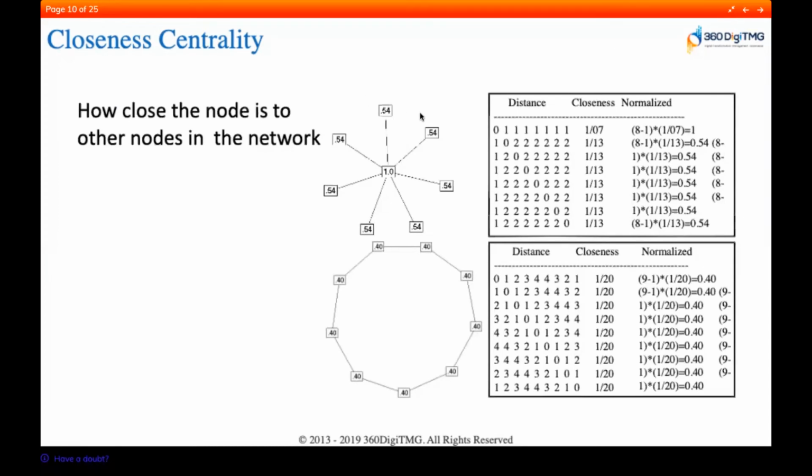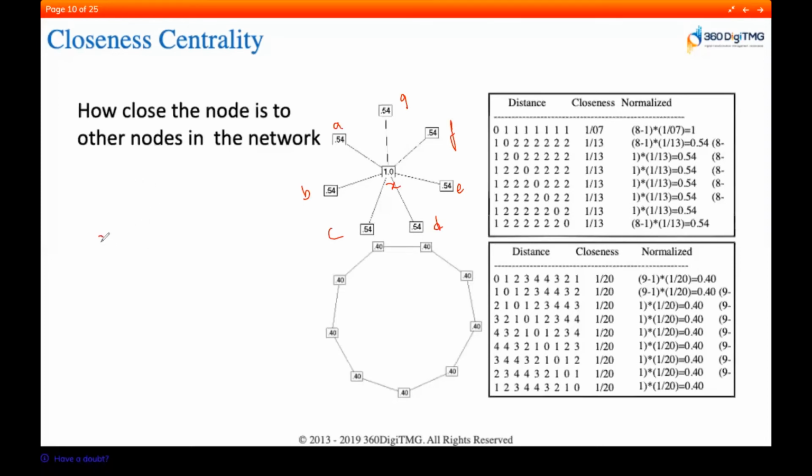Let us try to understand this particular example here. Let's say this is X, and I have given A, B, C, D, E, F, and G. What we will do is convert this network into matrix format.